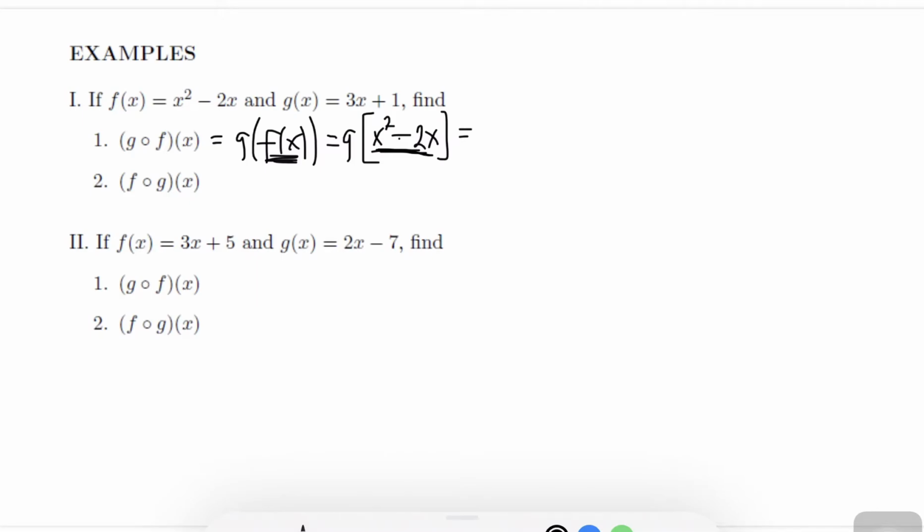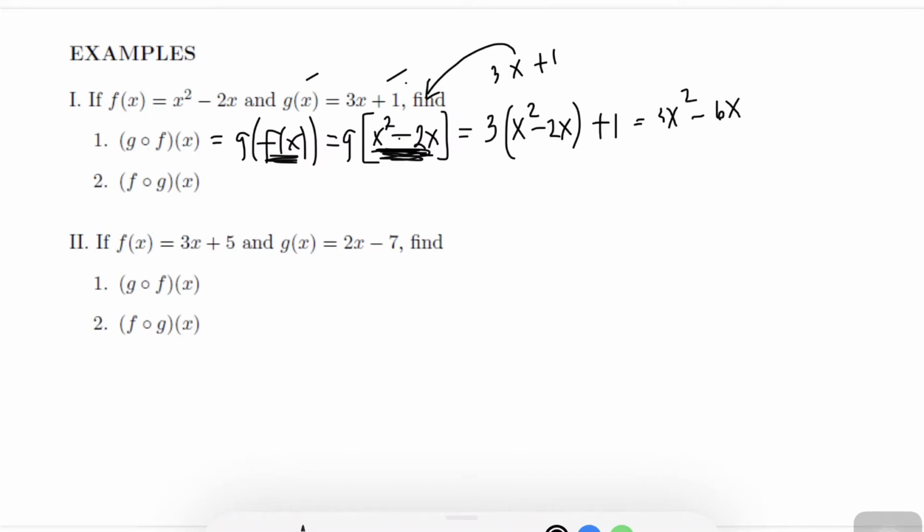So we will substitute that for x. So 3 times our x, which is x squared minus 2x, and then plus 1. It's the same as 3x plus 1, but our x here will be this x squared minus 2x. Then simplify. We have 3x squared minus 6x plus 1. We cannot simplify that further, so that is our final answer.